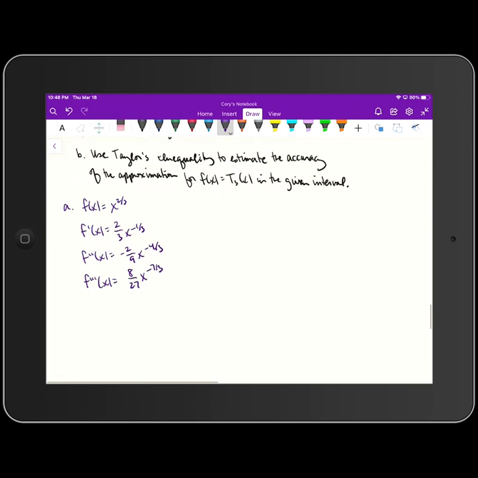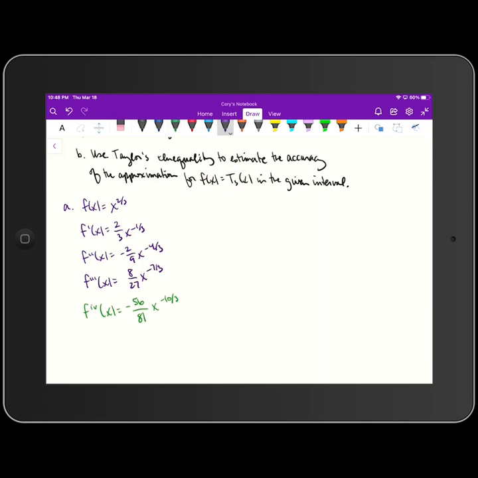And then I'm going to find the fourth derivative again. I don't need it for part A, but I will need it for part B. So I'll do this in a different color. The fourth derivative is going to wind up becoming negative 56/81 times x raised to the negative 10/3 power.